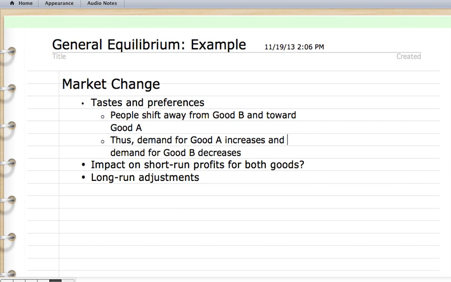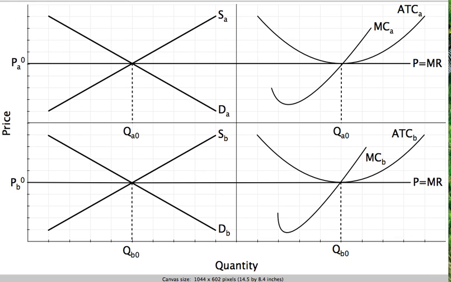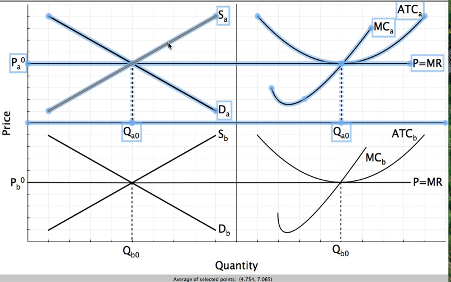So I'm going to switch over to OmniGraph Sketcher, and we're going to take a look at what we have here. I want you to realize that this top portion represents good A. We have the market for good A on the left-hand side at the top.